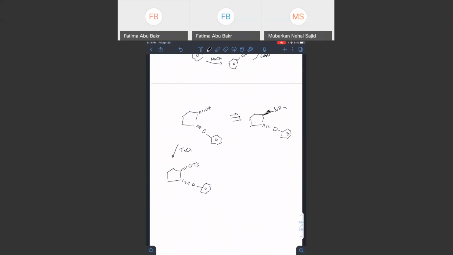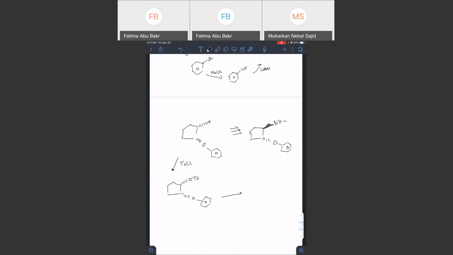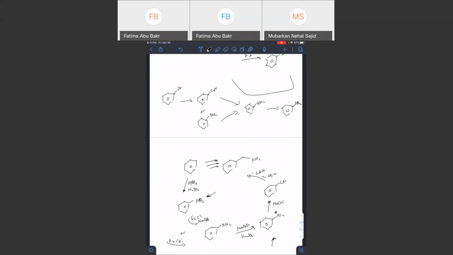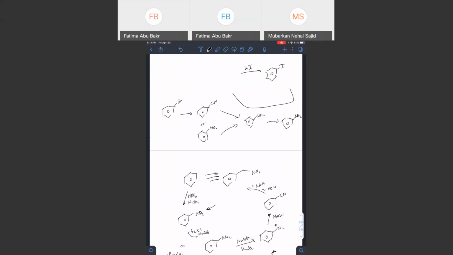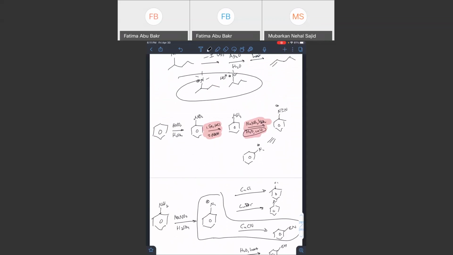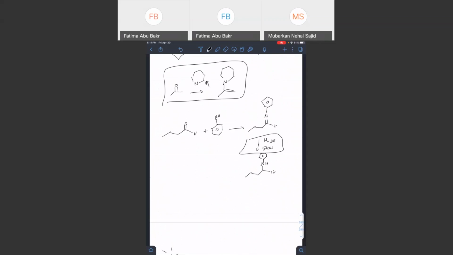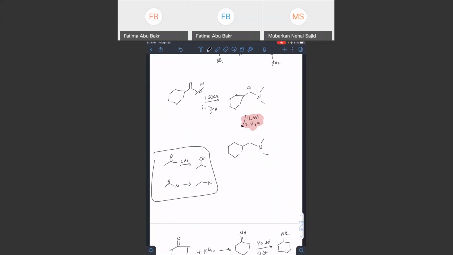Let's go the N. I'm not sure how to substitute an NO2 here. Oh wait, this one didn't relate. These are all in aromatic rings, so it's quite easier. Just put an NO2 there.